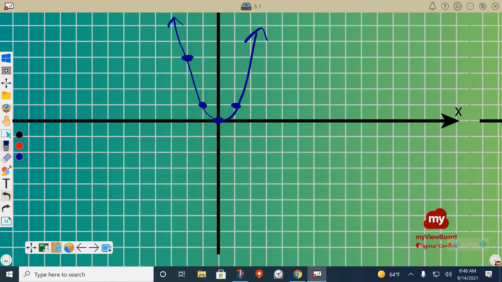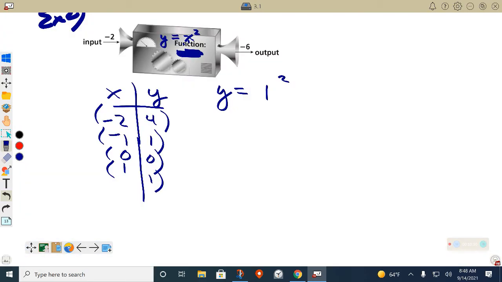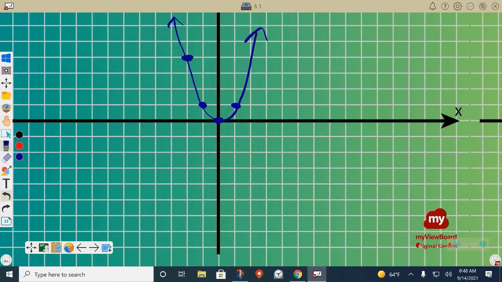But I just stopped at 4 inputs. I can be here all day putting inputs, and it's going to form that function, that graph. For those of you on the video, that's called a quadratic function.